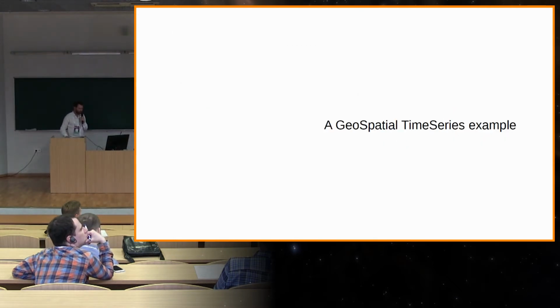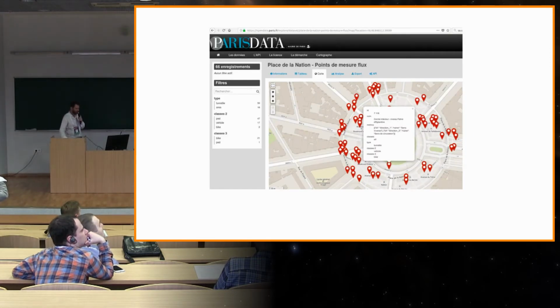If we take an example through a geospatial time series, here I took a dataset from the Paris Open Data website, and they provide some kind of IoT sensors put on different places, and here there are several of them on a dedicated place in Paris.